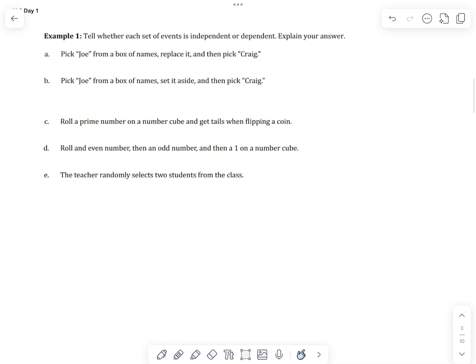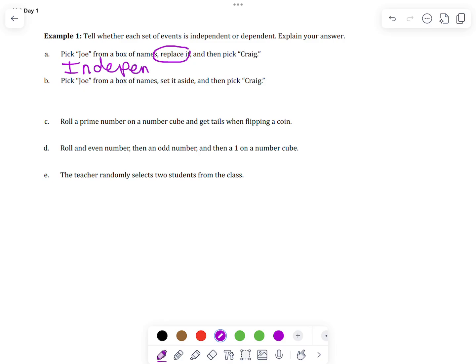Okay, example 1. Tell whether each set of events is independent or dependent, and then explain. Pick Joe from a box of names, replace it, and then you pick Craig. So the big word here is replace. So this is considered independent because you replaced Joe's name in the box.